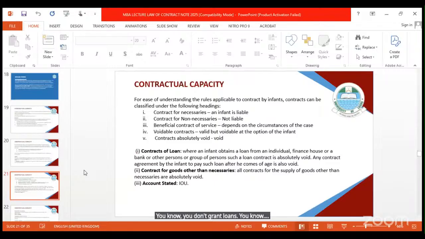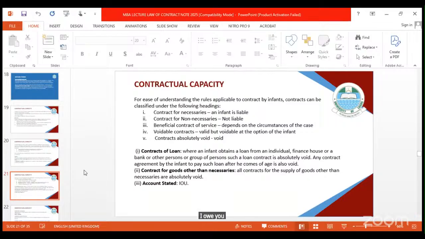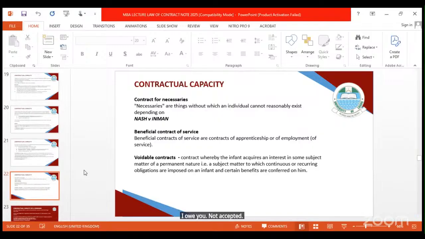The law prohibits granting of loans to infants, because you're giving them a loan so that when you are now an adult you pay. An IOU is not accepted because I said necessaries are things without which an individual cannot exist. They are all there.